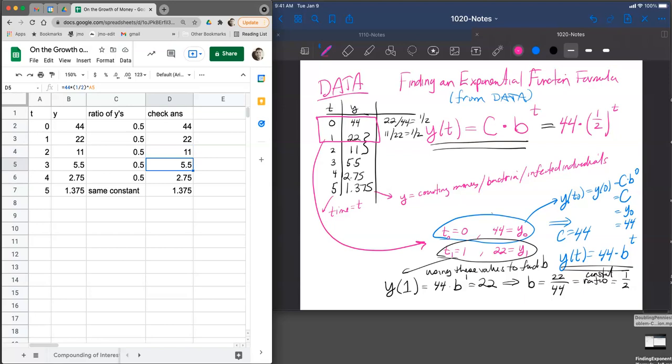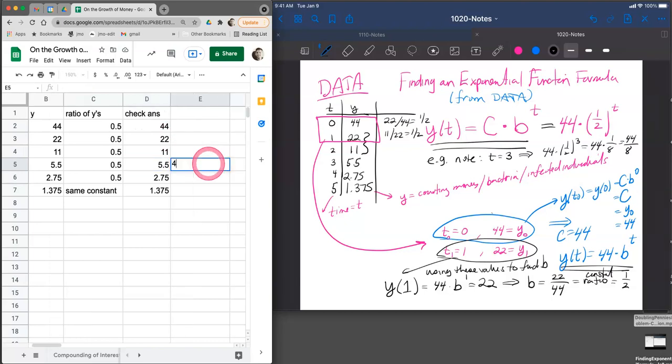For example, when t is equal to 3, our formula gives 44 times 1/2 to the third power. 1/2 to the third power is 1/8, and 44 divided by 8 is 5.5.